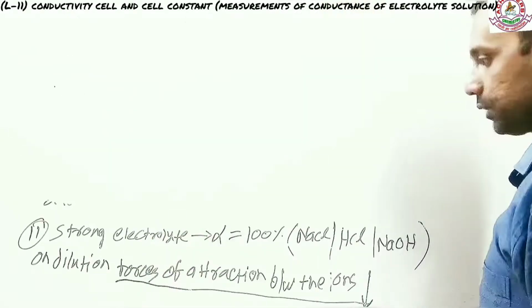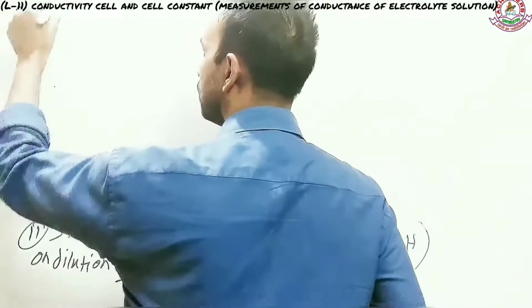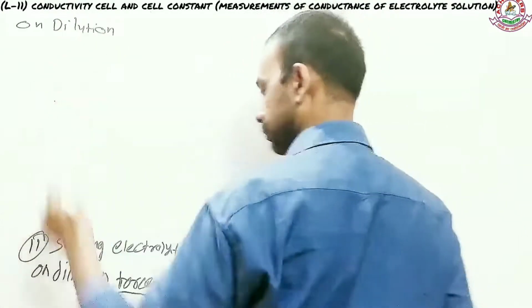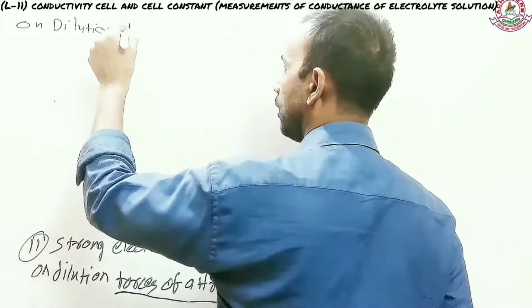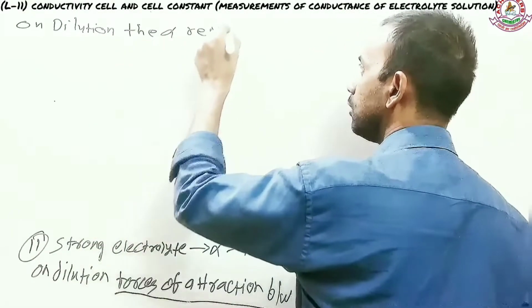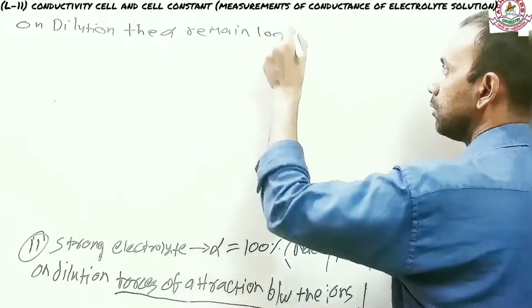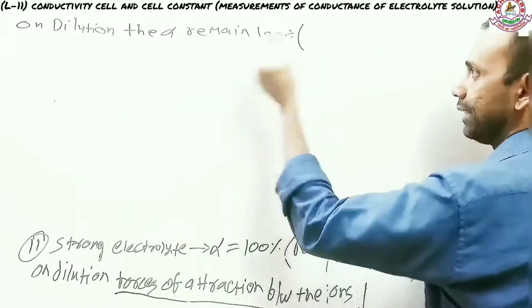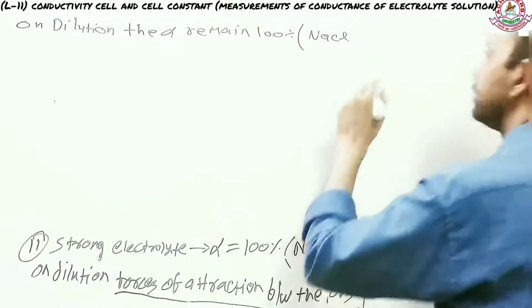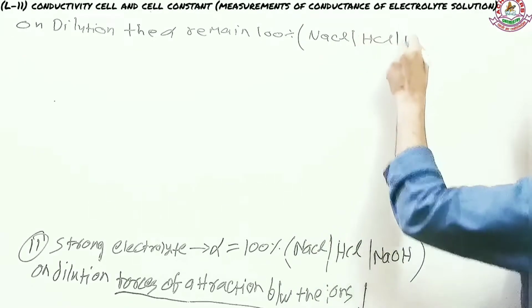So on dilution, the alpha remains 100%. Like what I'm talking about, NaCl maybe, HCl because this is also a strong electrolyte, and NaOH also.